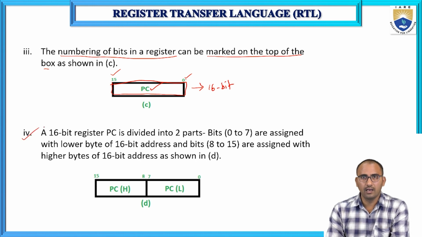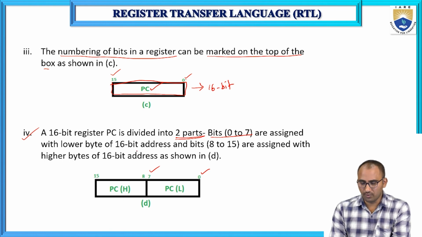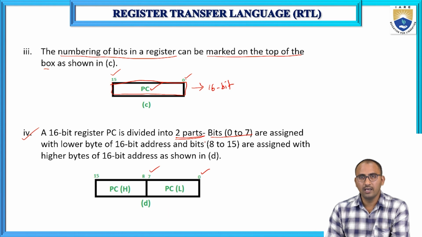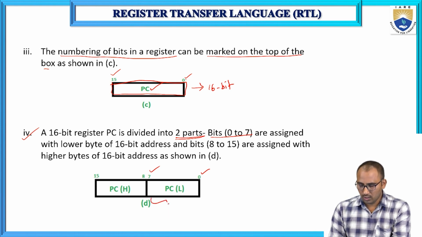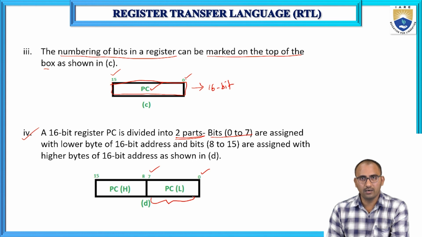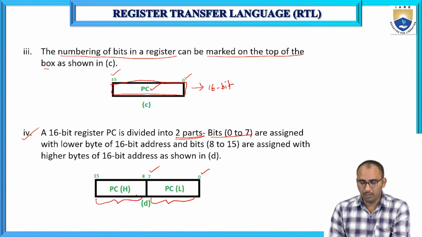And coming to the final way to represent the register: the 16-bit register PC is divided into 2 parts. A 16-bit register can be split into 2 parts, like two 8-bit registers. Bits 0 to 7 can be assigned as the lower byte of the 16-bit address, and this is the upper byte.